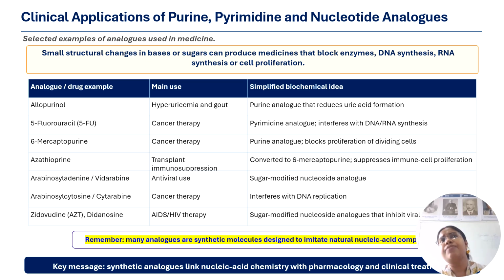So previously, for the diseases that were there, we could not imagine that we could treat them. Nowadays, because of this analogical change of these nucleotides or nucleosides, it is very much possible. So that's the way the nucleotide is helpful for modern medicinal chemistry also.